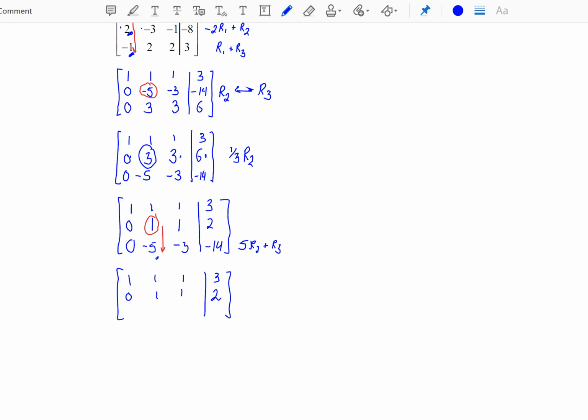So 5 times row 2 plus row 3. So 5 times 0 added to 0 is still 0. 5 times 1 added to -5 is 0. 5 times 1 added to -3 is 2. 5 times 2 is 10. Added to -14 is -4.